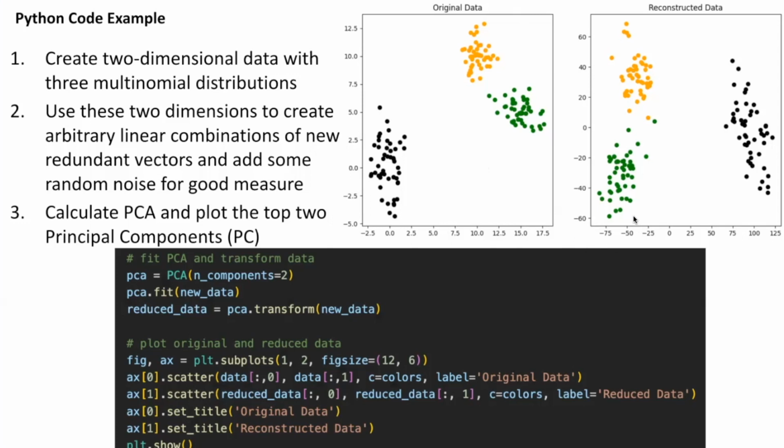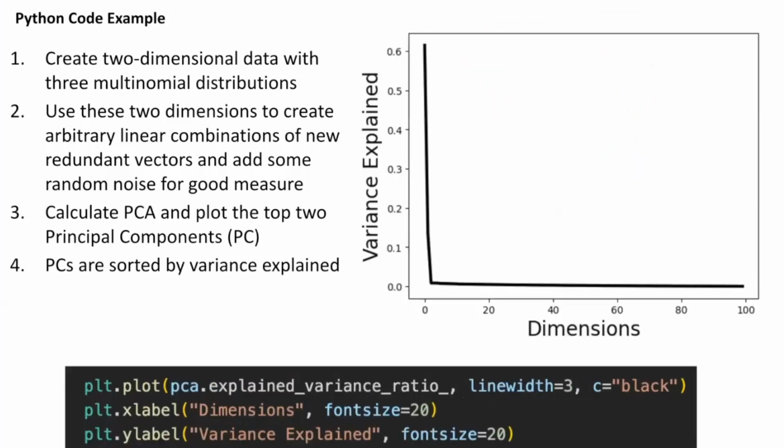And so what you can see is that the algorithm was really good at getting back the original clustering. Okay, so that's kind of what this looks like synthetically, and this is also how it works in practice when you work with gene expression data, for example.